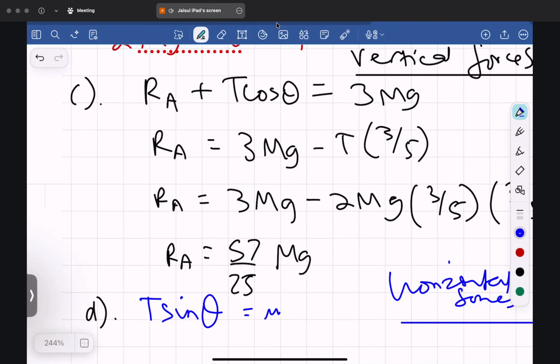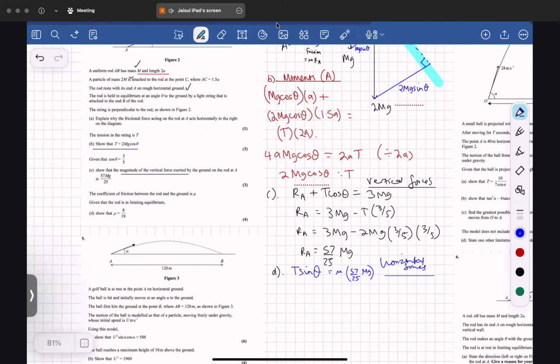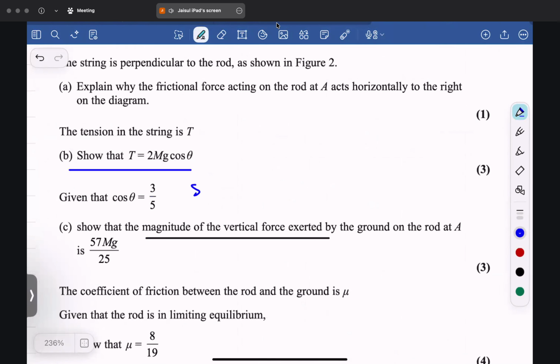And we know RA is 57 over 25 mg. And we know sine, we can work out sine theta really quickly. 4 over 3? It can't be more than 1. Maybe it's 3 over 4. Ah, okay. 3 over 5. Wait, hold on, one second. 4/5.